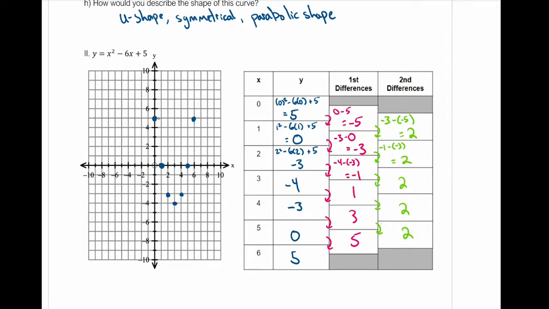And we start to see again that repetition, that symmetry that all quadratics have. So there's the graph of our quadratic.